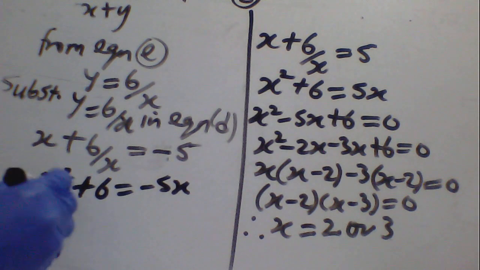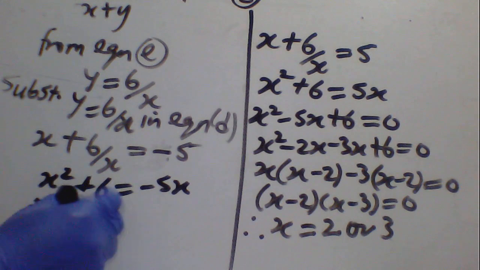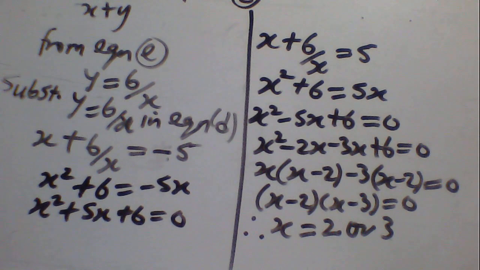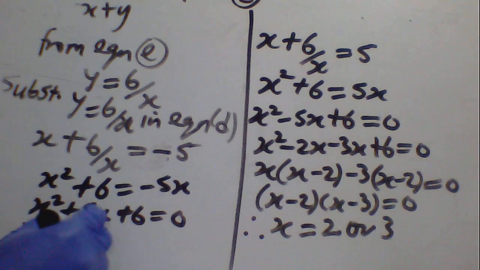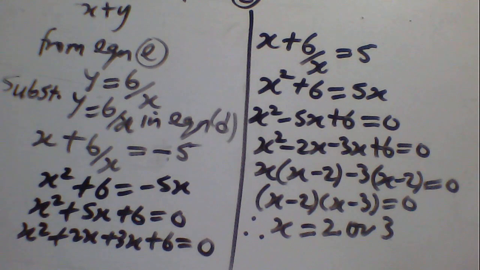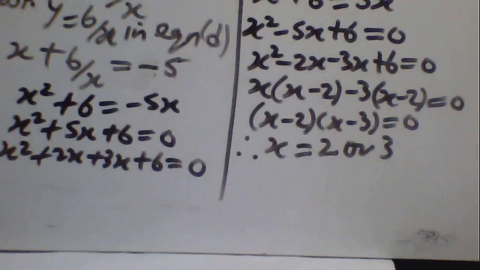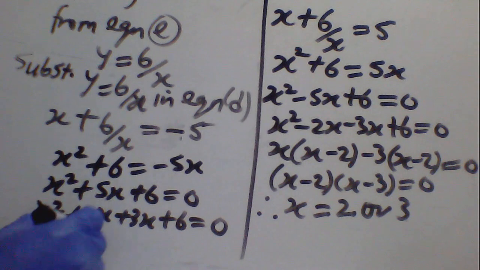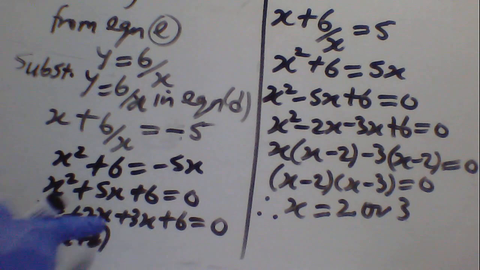Rearrange the equation, you have x squared plus 5x plus 6 is equals to 0. Factorize completely, you have x squared plus 2x plus 3x plus 6 is equals to 0. So you still have to simplify. x is common, x plus 2, this is 2.